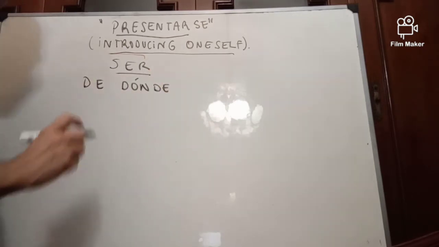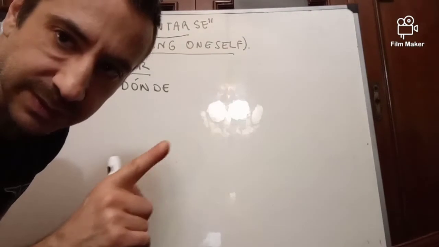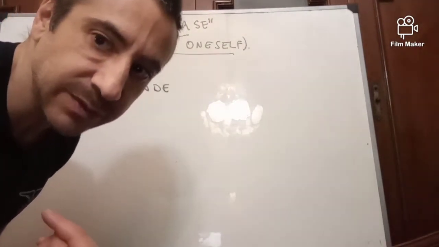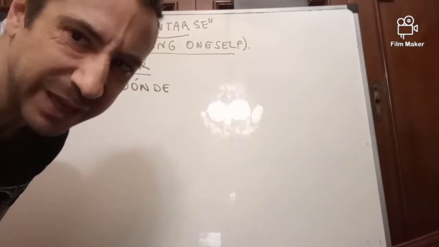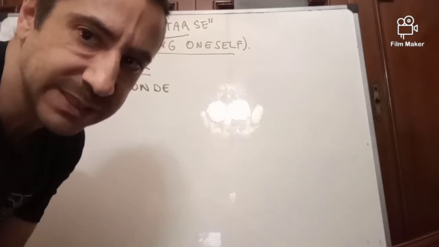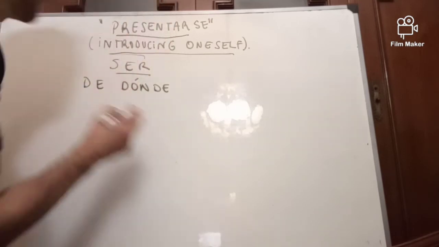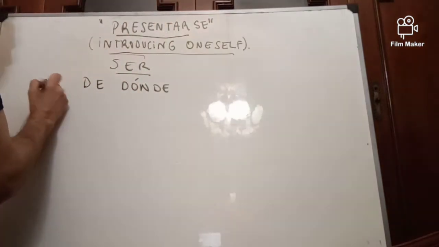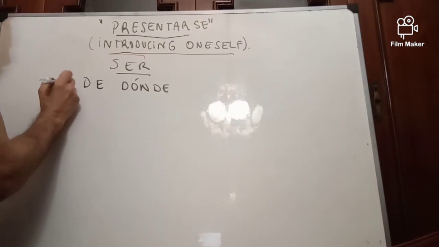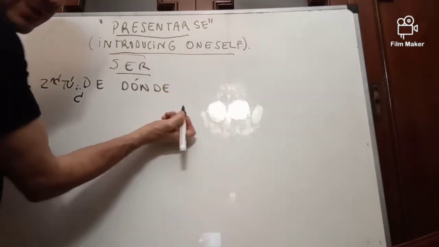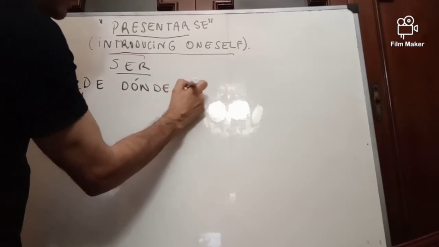I'm not going to use the first person in the singular, neither the first person in the plural, because it doesn't make any sense. I'm not going to ask myself where I come from. So the second person singular, for tú, ¿de dónde? And you already know this. ¿De dónde eres?